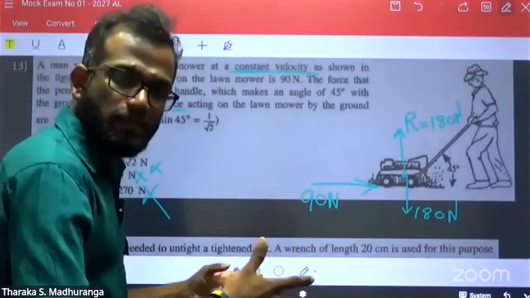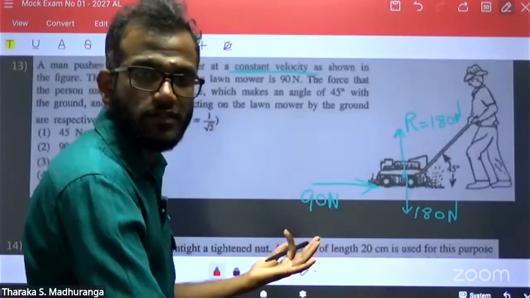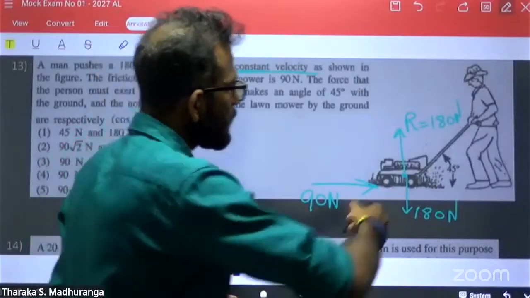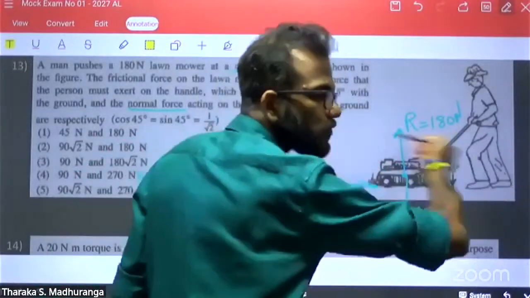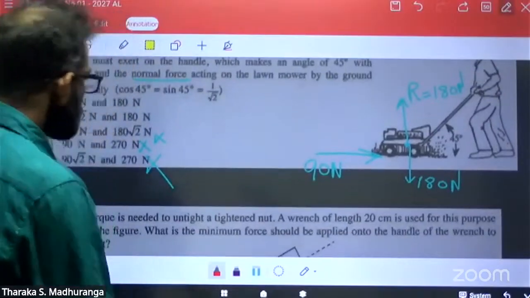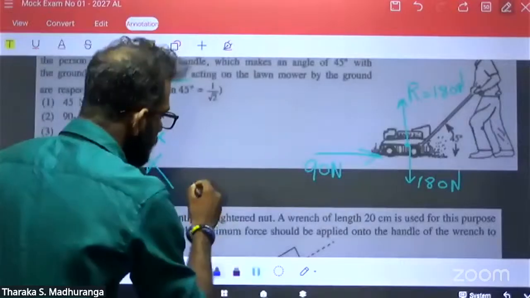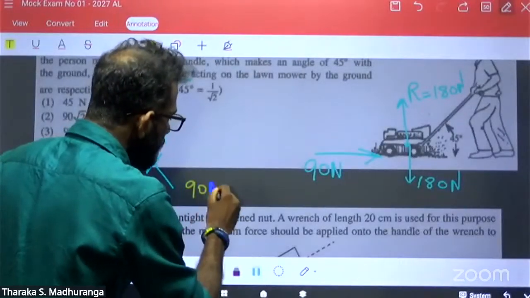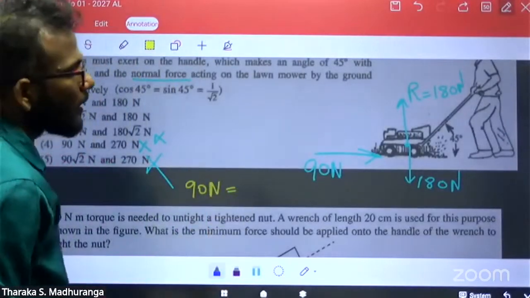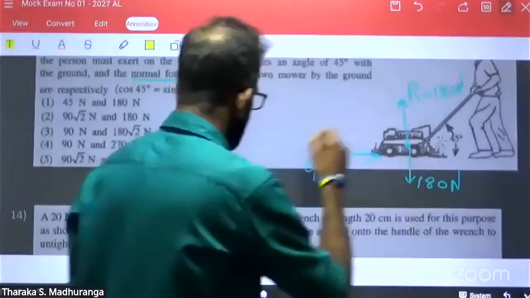If it is balanced, there are no unbalanced forces, then the horizontal force applied by the person is also 90 Newton. Think, the person applied force F.